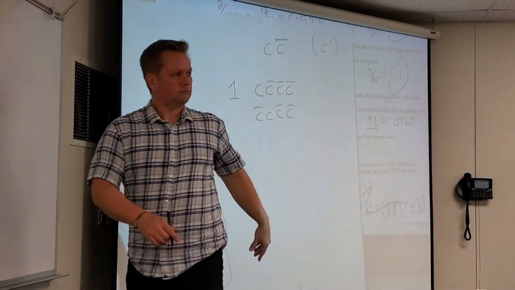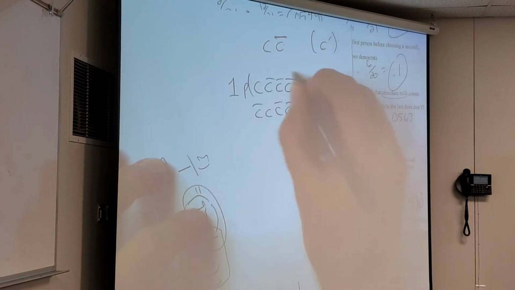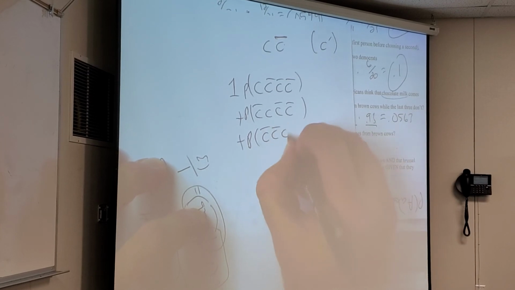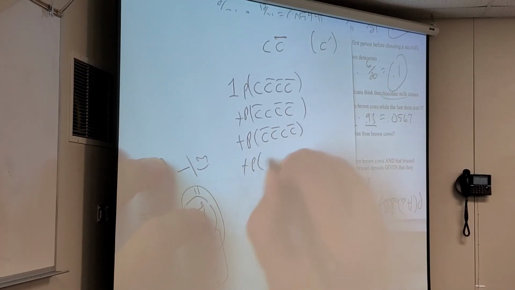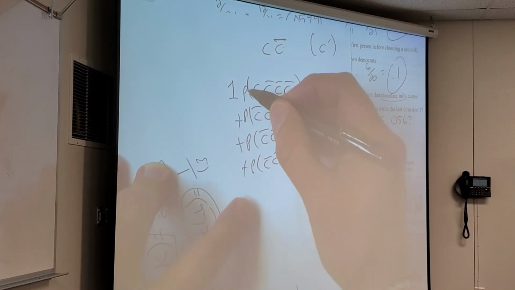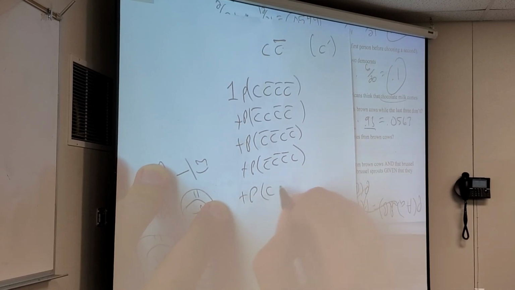Or it could be the second guy, so you have to do the probability of this, plus the probability of this. Or it could be the third guy, or it could be the last guy. All right, that's for 1. At least 1 means 2. Oh, shoot. Or it could be the first 2.